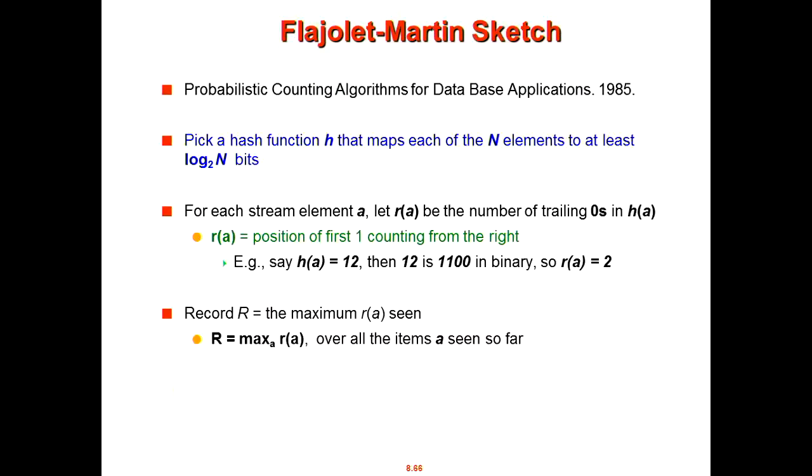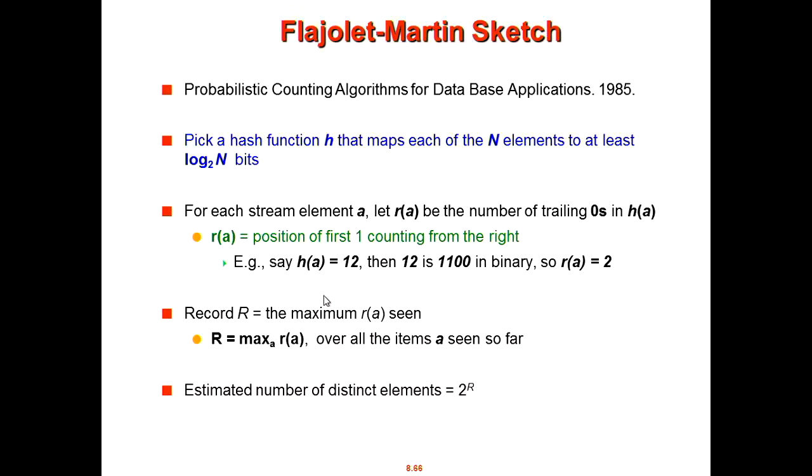So let's go back again to the steps. We use one hash function, applied to all the elements. For each hash value, we compute RA, which is the position of the first one, counting from the right to the left, for the hash value of each element.